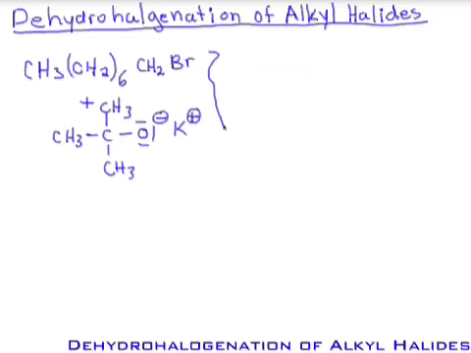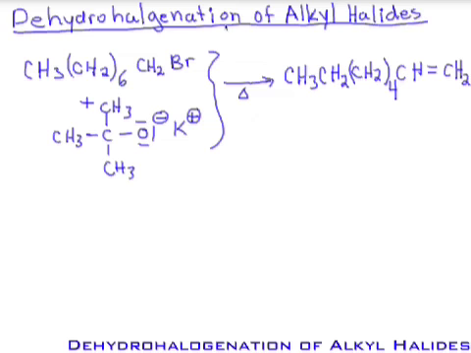So if I react these two, this goes E2, anti-periplanar elimination. E2. It takes quite a bit of heat for the primary to undergo the reaction. This is for a primary alkyl halide. What about secondary alkyl halides?